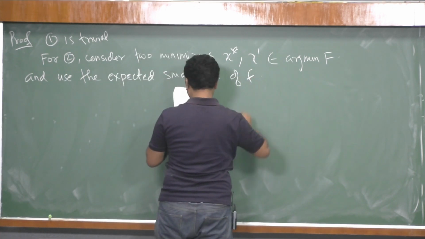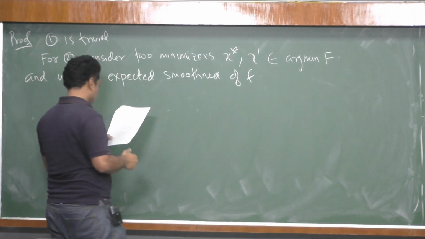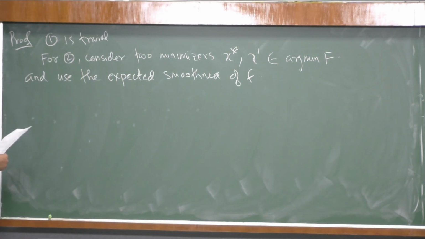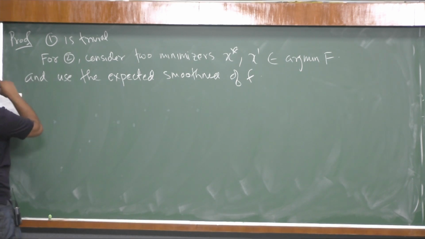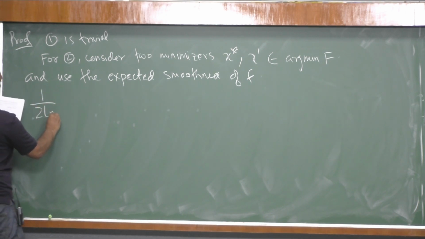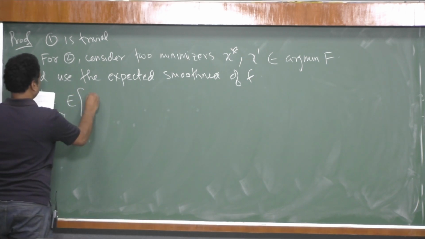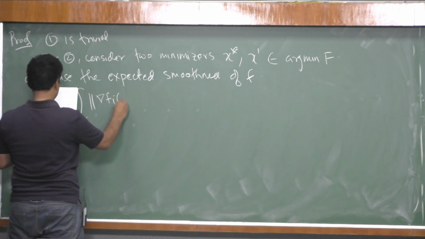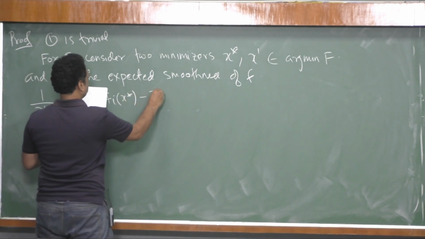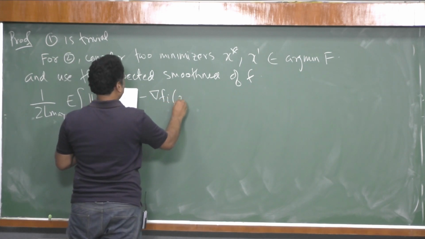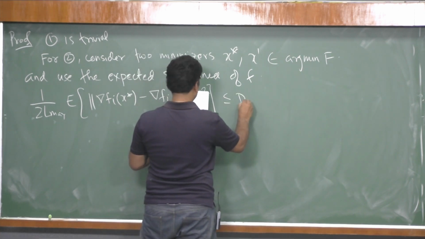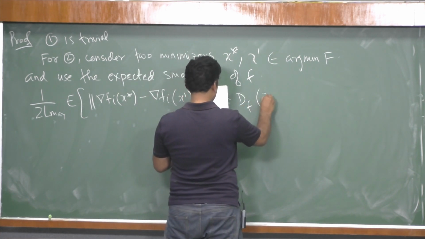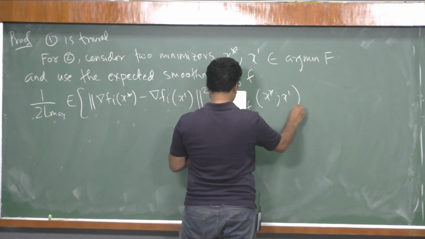If we apply the expected smoothness directly, what we had is 1 by 2 L max times the expectation of the norm of gradient of fi x star minus gradient of fi x prime, whole square, is less than or equal to the Bregman of x star, x prime.